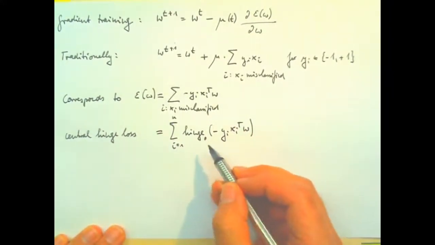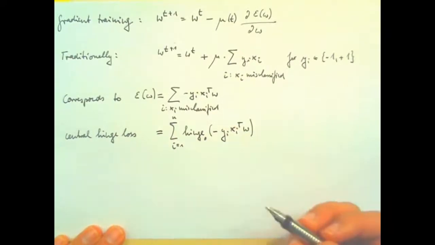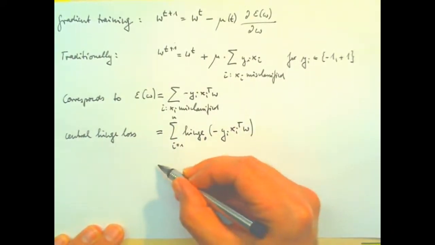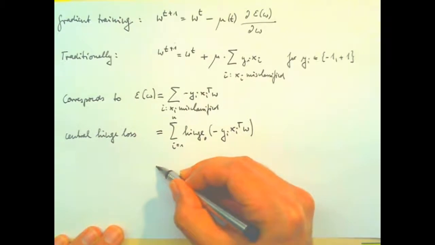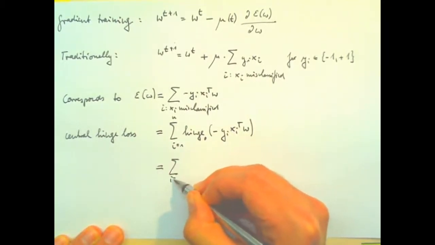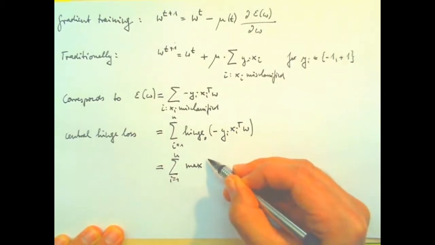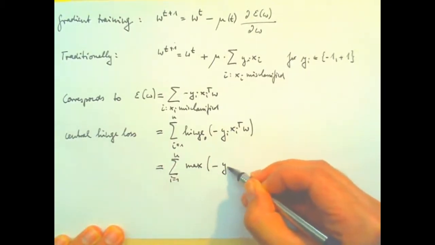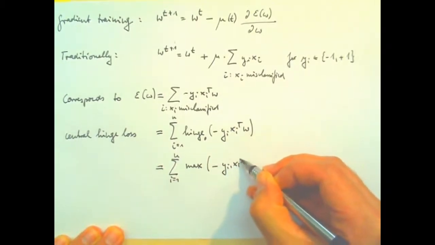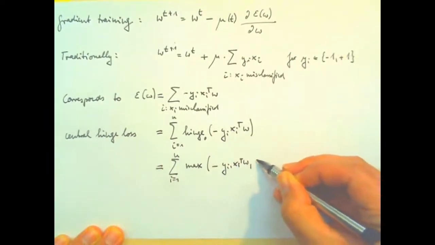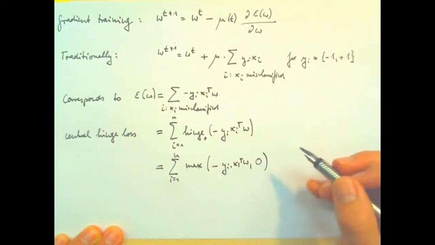This is an abbreviation, but a compact way to write it is the following. It is the maximum of either the argument or 0. And the plot will explain this a lot better.